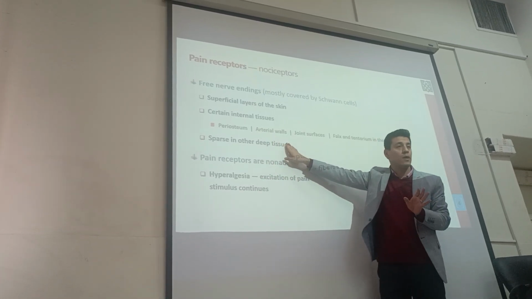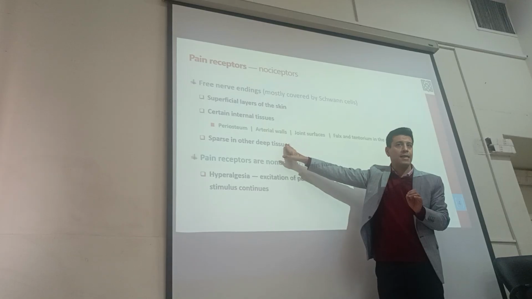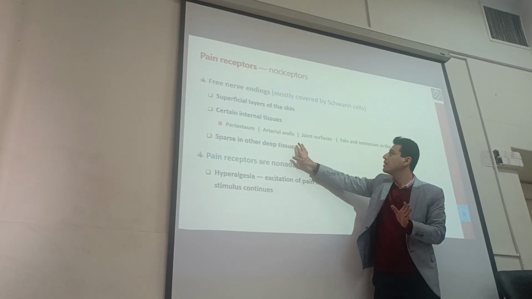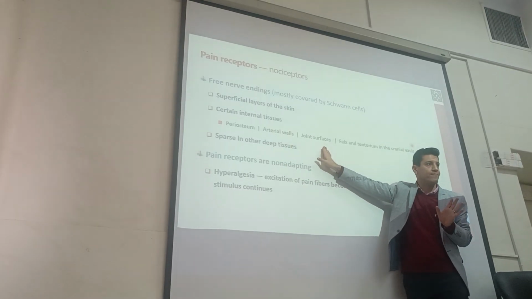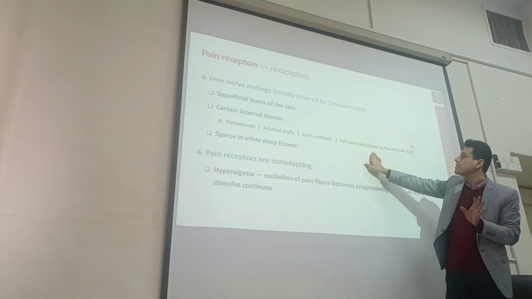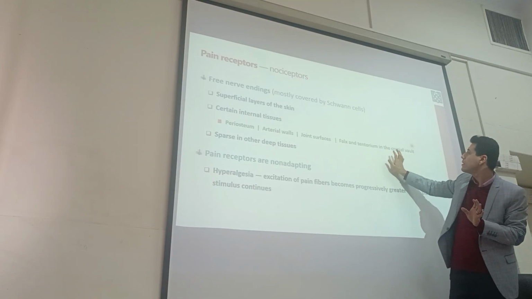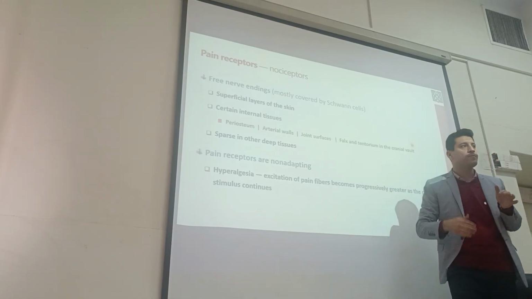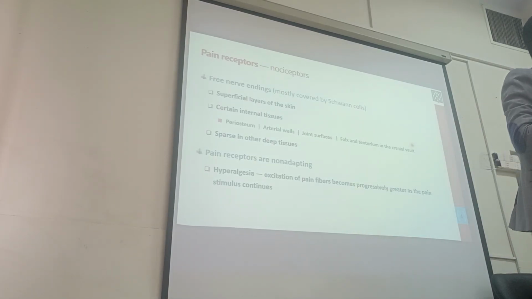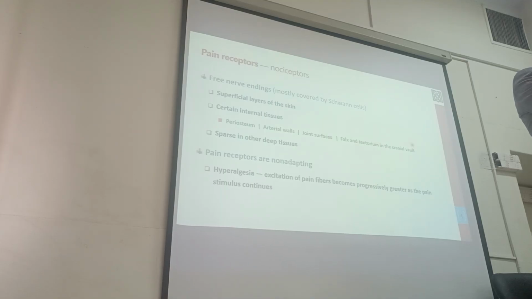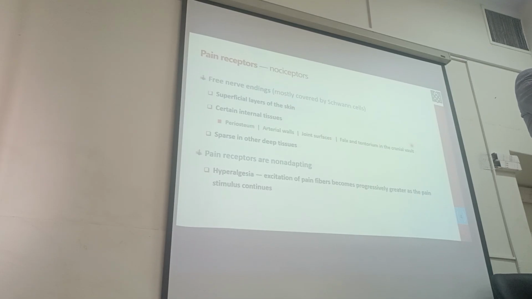So arterial walls, again, have a high density of nociceptors. Joint surfaces, again. Falx and tentorium, what are these? Falx and tentorium, and cranial bones. The covering of the brain that goes inside the longitudinal fissure is called falx.